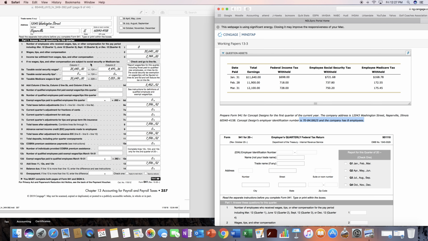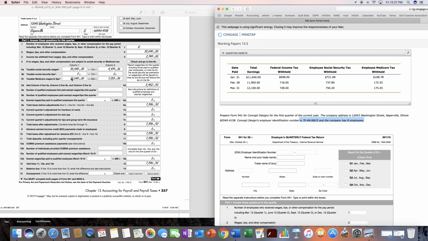People get confused because it's a little difficult, but this is just Social Security tax. We could have multiplied this number times 0.062 times 2, but they just multiply it by the double amount, employee and employer. So 0.062 becomes 12.4.